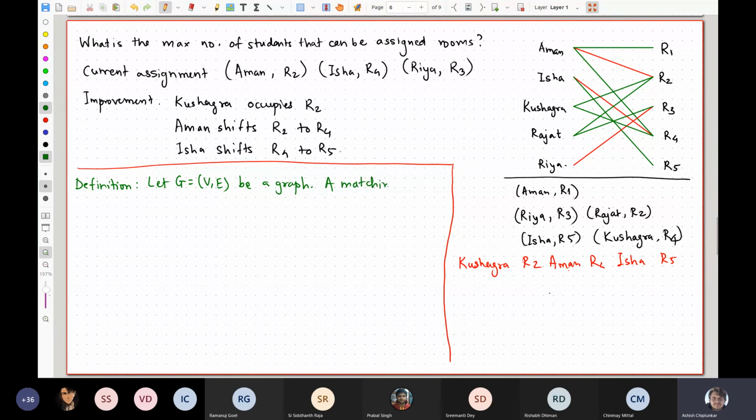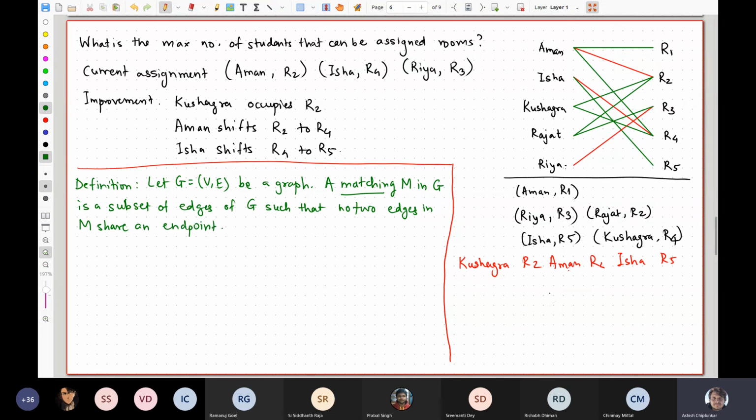A matching M in G is a subset of edges of G such that no two edges in M share an endpoint.